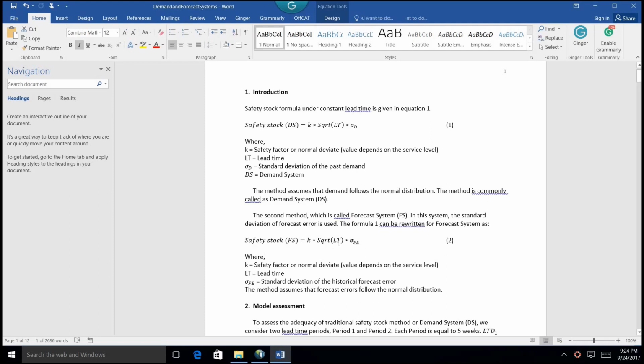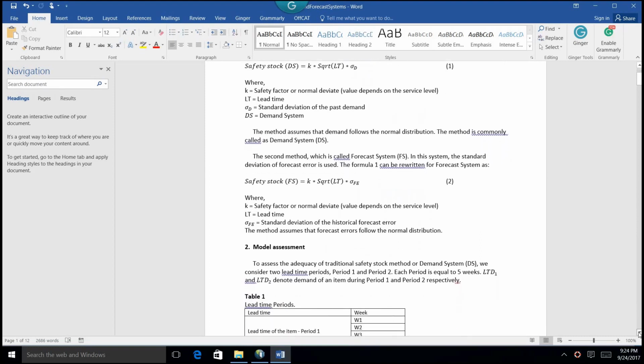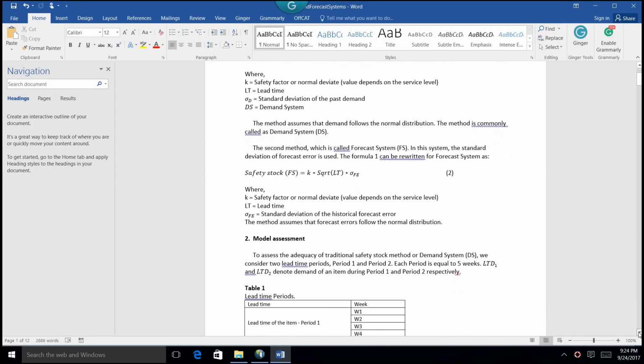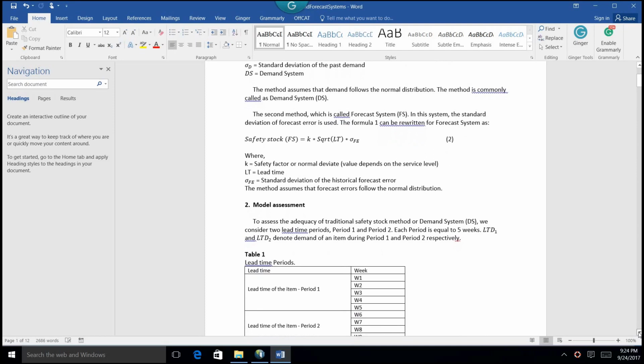We also assume that forecast error follows a normal distribution. Whether this assumption is true or not, that's another debate. We will be talking more about the normal distribution assumption in my future videos. For this video let's assume that our demand and forecast error data follow a normal distribution.